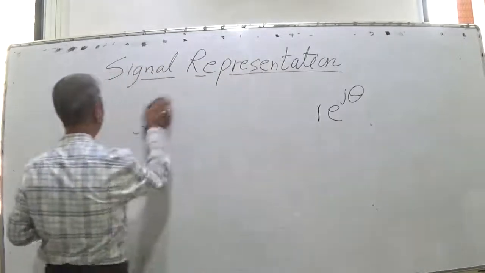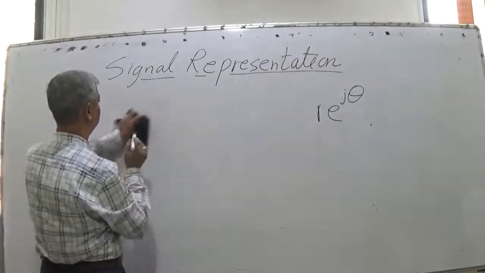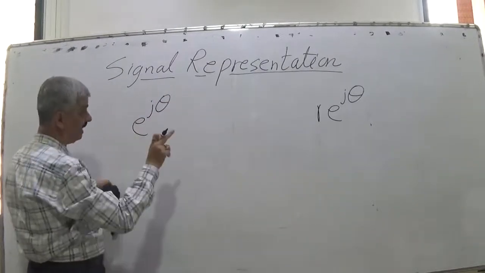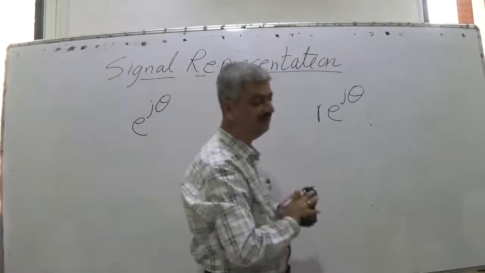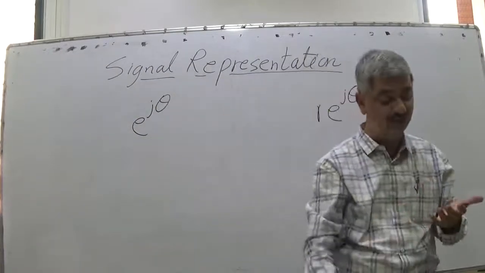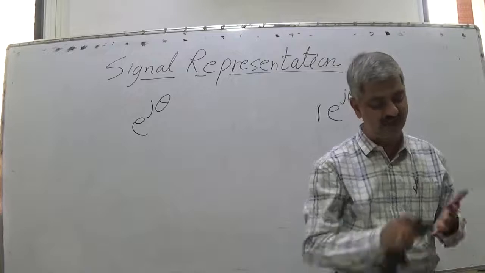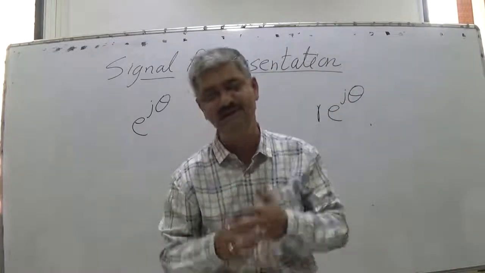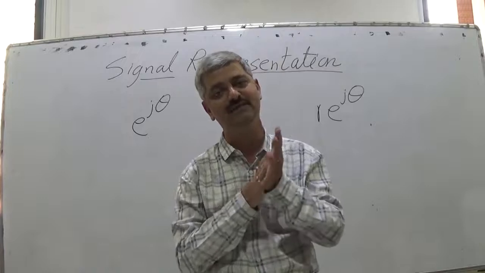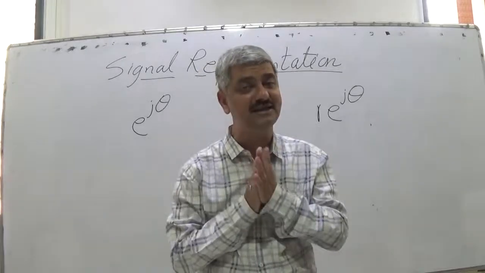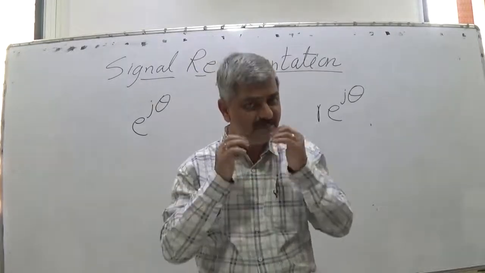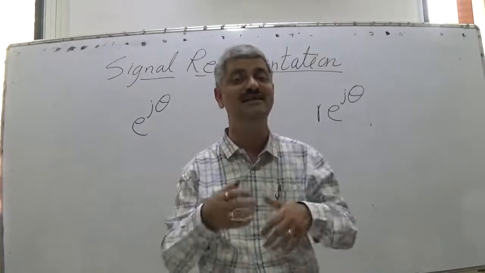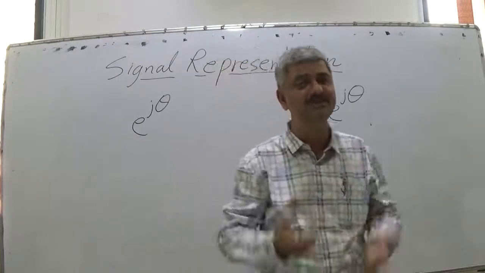So we developed with e raised to j theta. To that we multiplied by r, and that time I had said that r is a real number. But what actually should happen is, the engineering students especially, and the two from Walchand College, should be so curious that when I say that I am multiplying it by number r, and that it is a real number, the immediate reaction from you should be of a rejection: why am I restricting it to a real number?